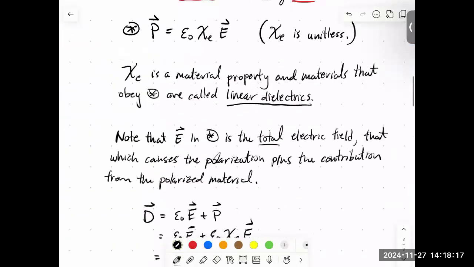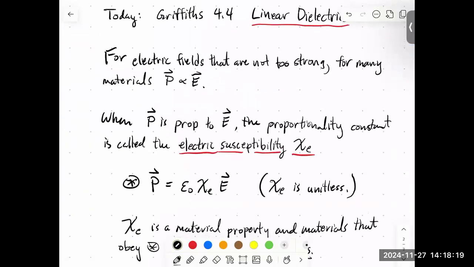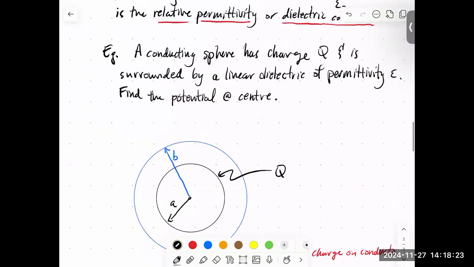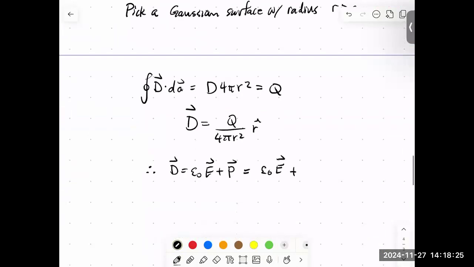It was equation star, wasn't it? It was epsilon naught times the susceptibility times E. So epsilon naught times the susceptibility times E, and that's going to have to be equal to Q, the charge on the sphere.